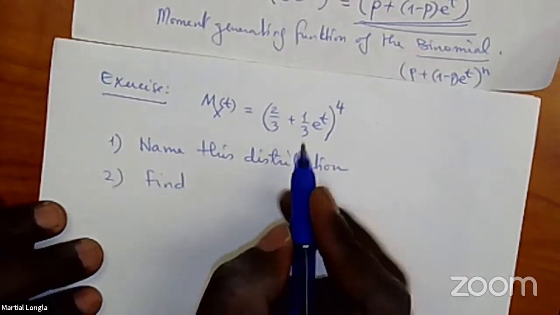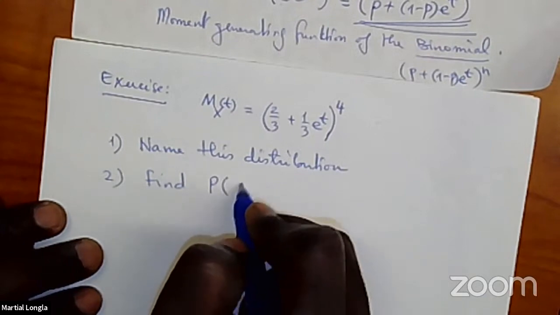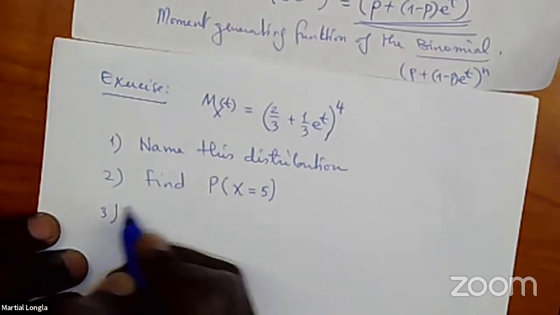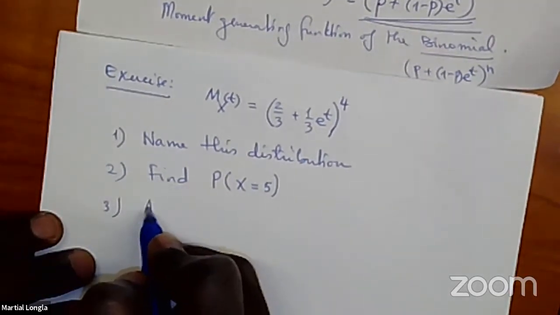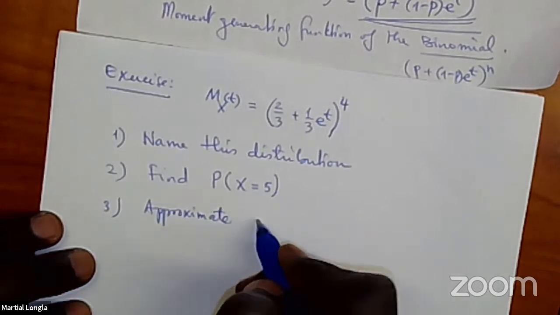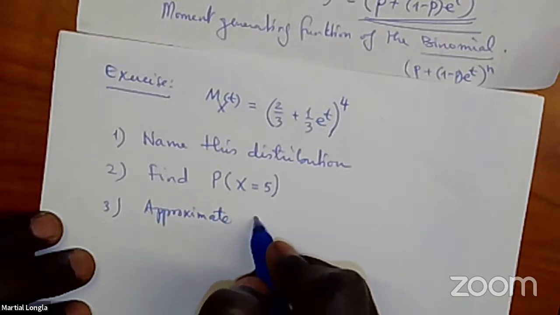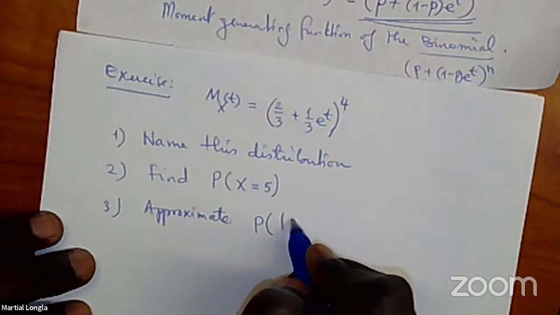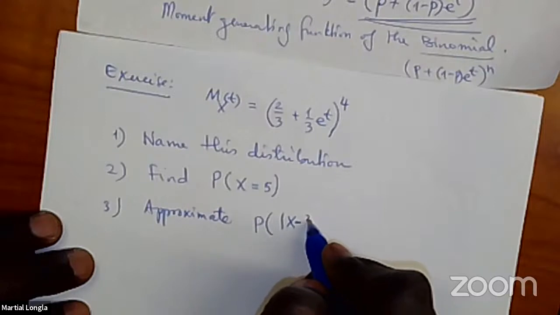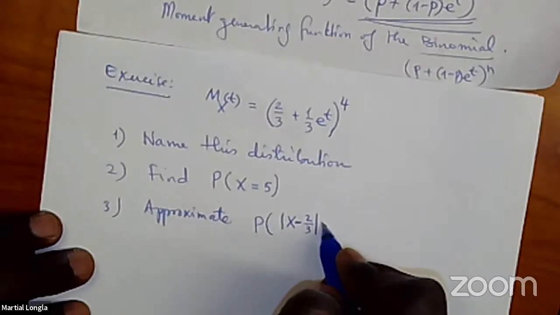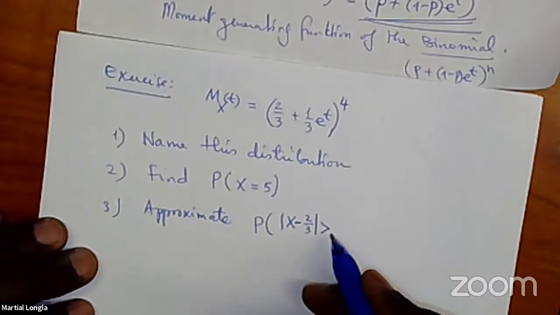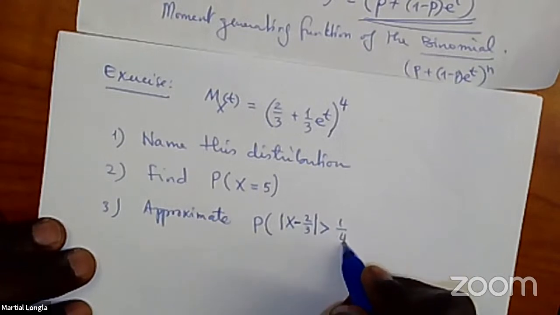Find the probability that X equals 5. 3. Approximate the probability that the absolute value of X minus 2/3 is larger than what?